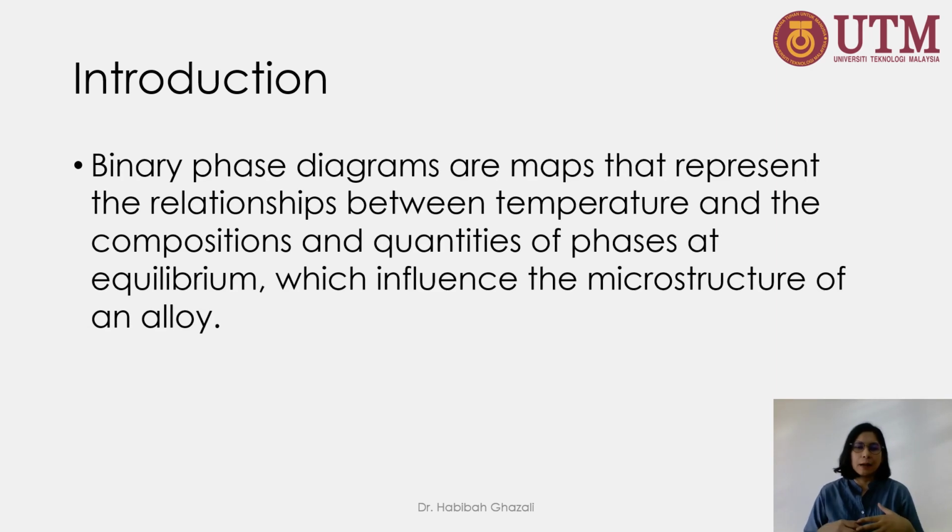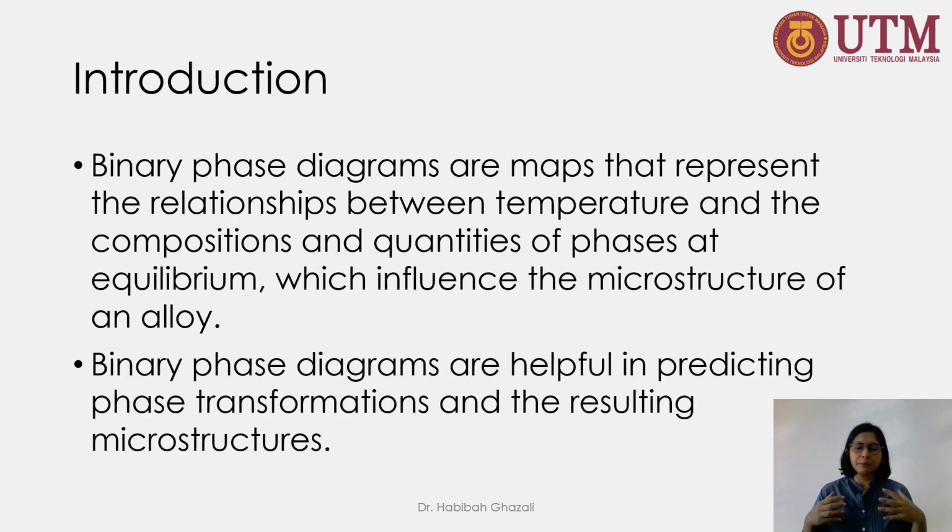So it is a map or a diagram that represents the relationship between temperature and the composition and quantity of phases at equilibrium, which will influence the microstructure of an alloy. So binary phase diagrams are helpful in predicting phase transformation and the resulting microstructure. And the simplest of these binary phase diagram is isomorphous phase diagram, which I will talk about in this video.